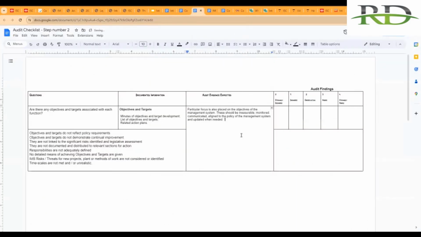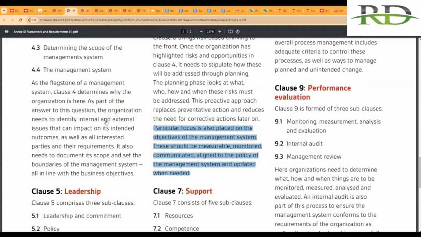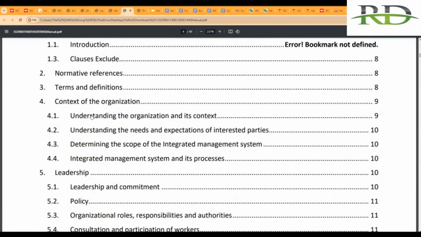Now, where exactly do I expect to see this? I'm now going to open the IMS manual. Where is the IMS manual? So this is an IMS manual. What exactly is it? It is an explainer document.